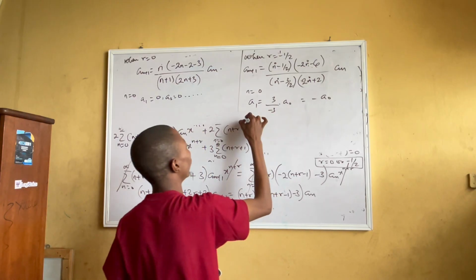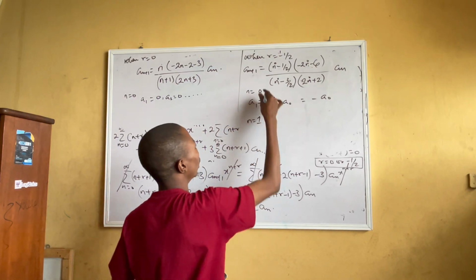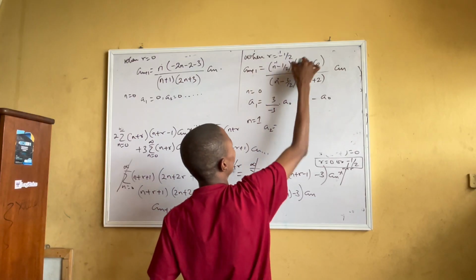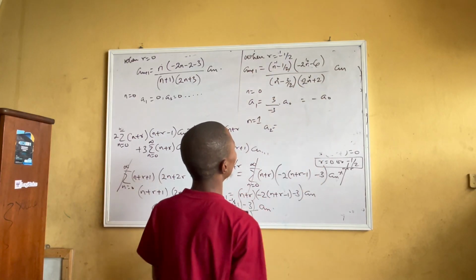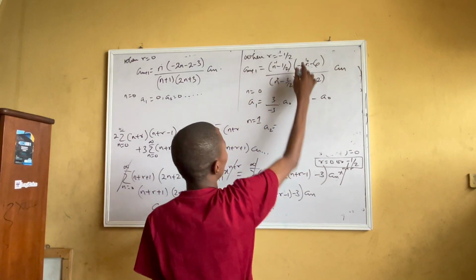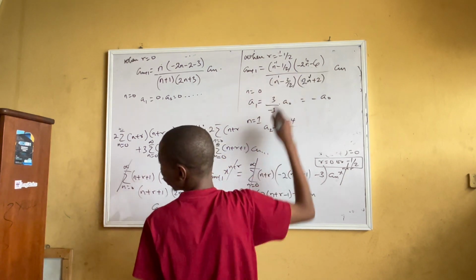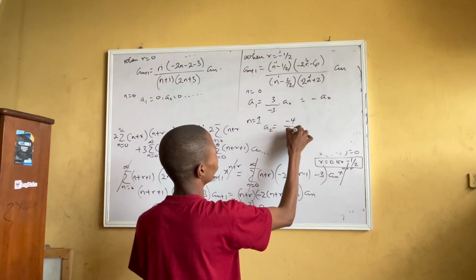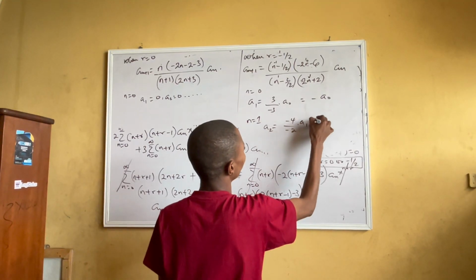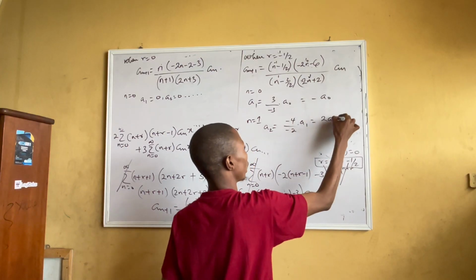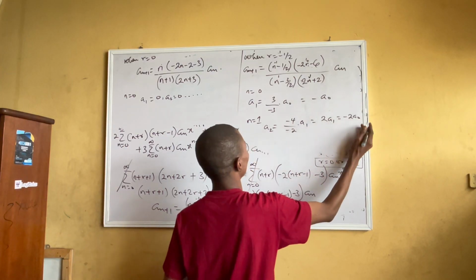Then for n equals 1, we are going to have A2. If you put 1 here, 1, 1, 1, everybody here will be minus 4. If you put 1 here, 1 here, that is minus 2 of A1, which is 2A1. And A1 is minus A0. That is minus 2A0.